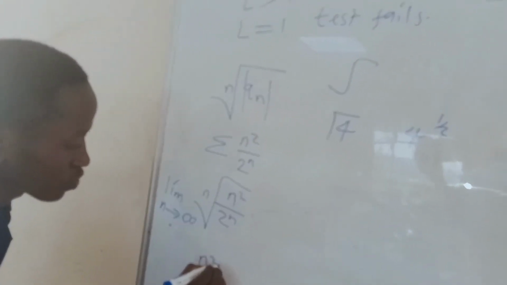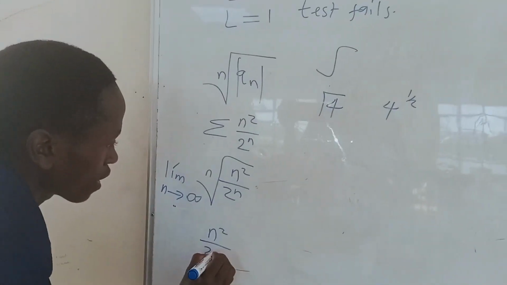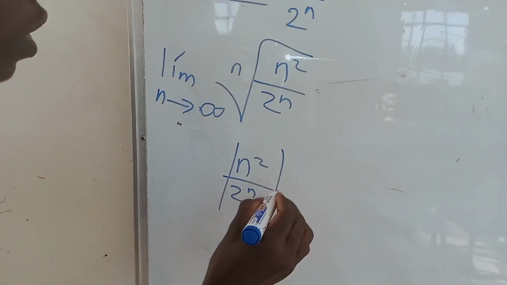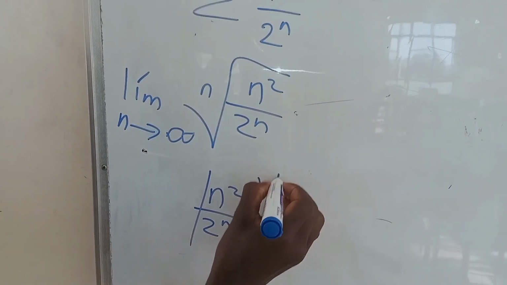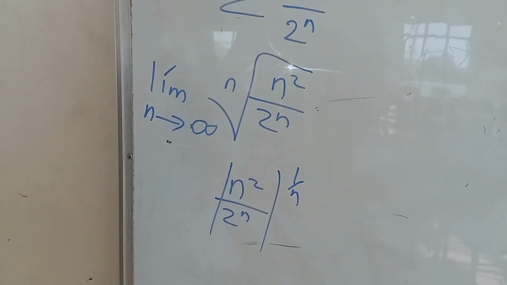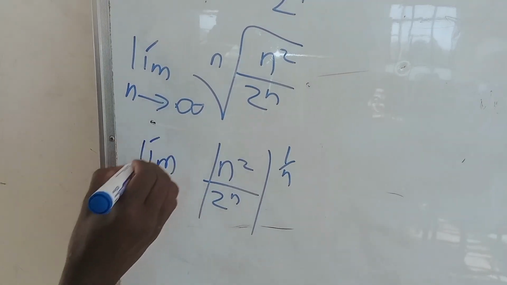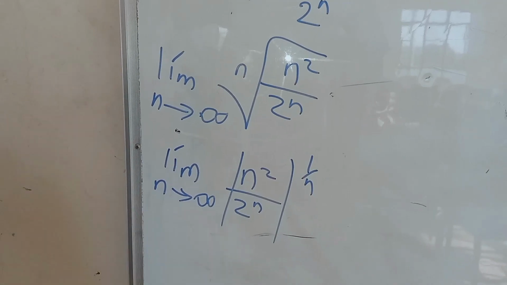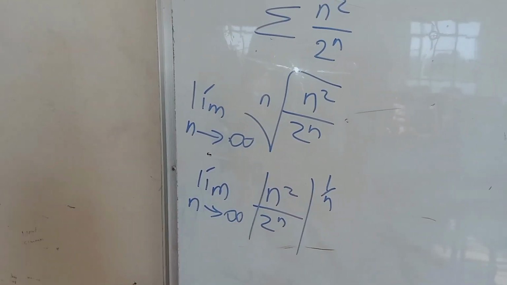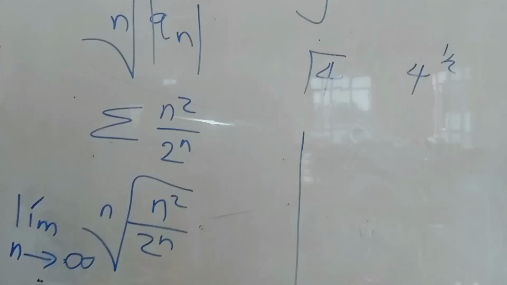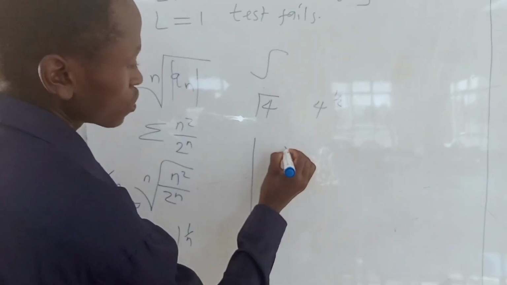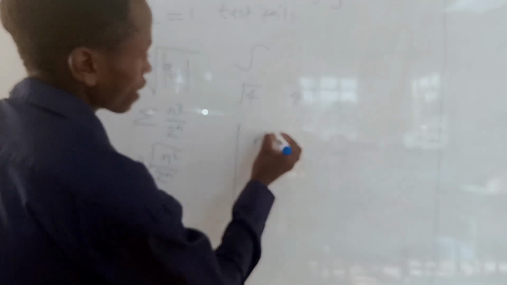So what are we getting? Let's open this, and it will be very simple. On opening, you have n squared, and you multiply the powers by 1 over n. The other side, 2 power n, you also open by multiplying with 1 over n.